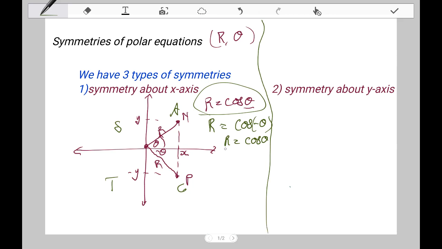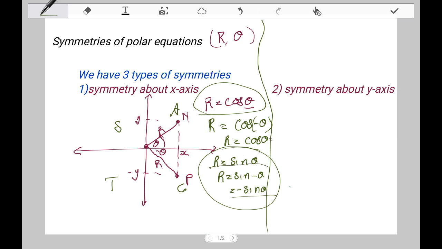Let's try another one. Say r equals sine of theta, and I replace theta with negative theta. Since sine is negative here, I get minus sine theta. This second one is not symmetric about the x-axis because the equation I get is not the same as the initial one.